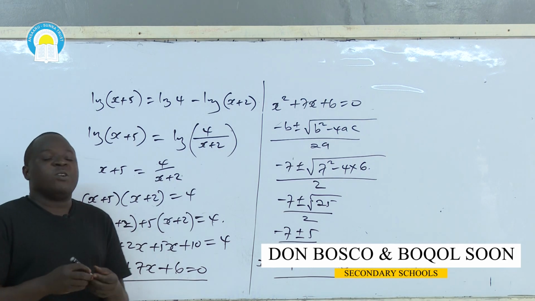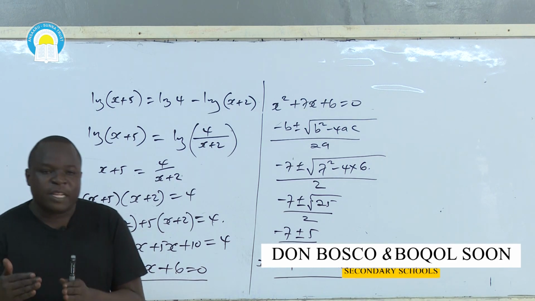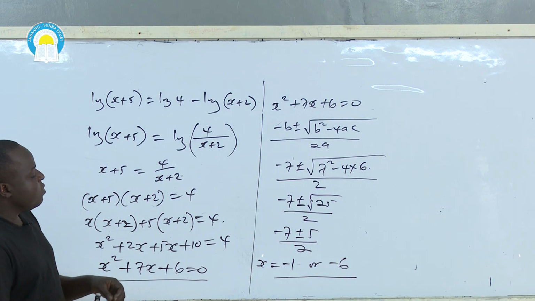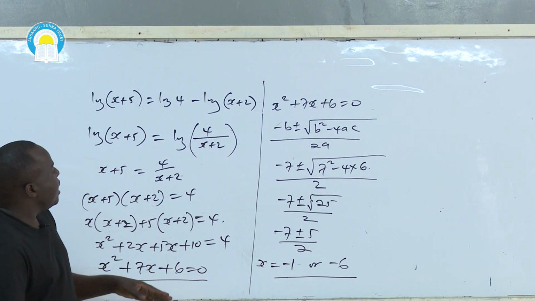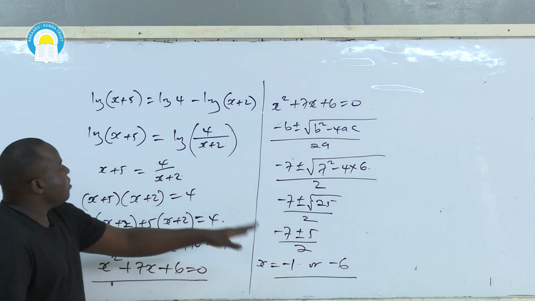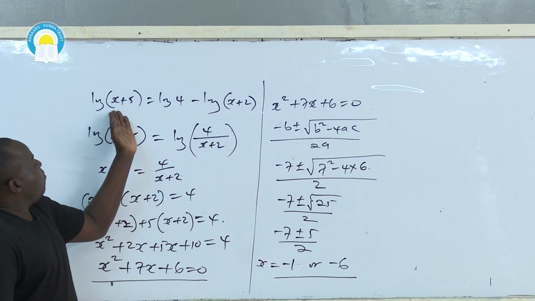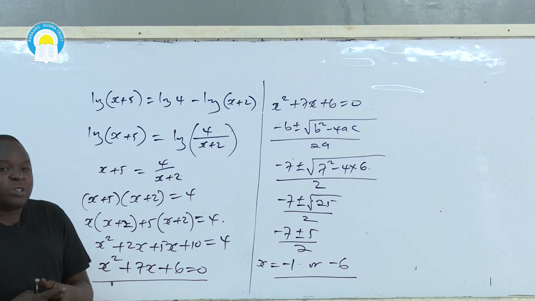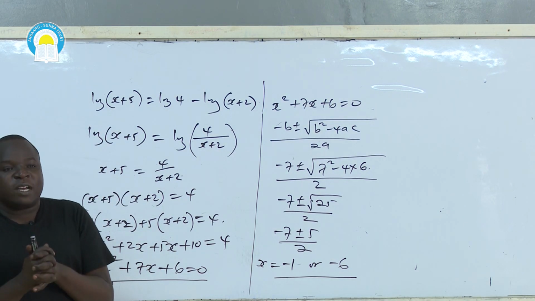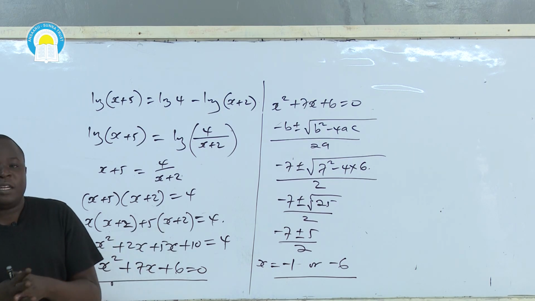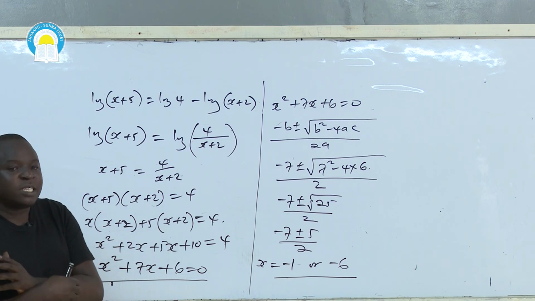You can't have log negative 5, log negative 3, and so on. So because of that, when you get these two answers, as a good student, try and replace the values in the possible places where there is x in the equation, so that if there is any place you'll end up getting a negative answer, then whichever value you're substituting is not supposed to be considered.